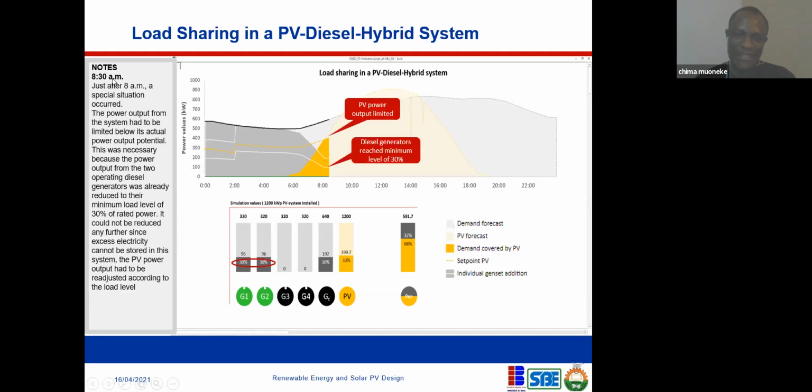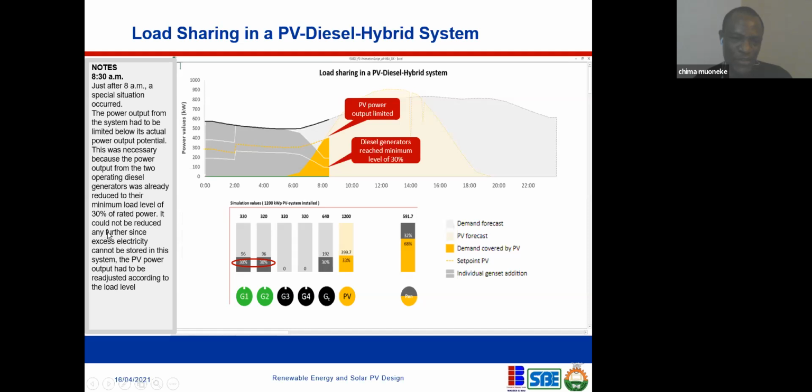So now 8:30 a.m. Just after 8 a.m., a special situation occurred. Now the power output from the system had to be limited below its actual power output potential. This was necessary because the power output from the two operating diesel generators was already reduced to their minimum load level of 30% operated power.